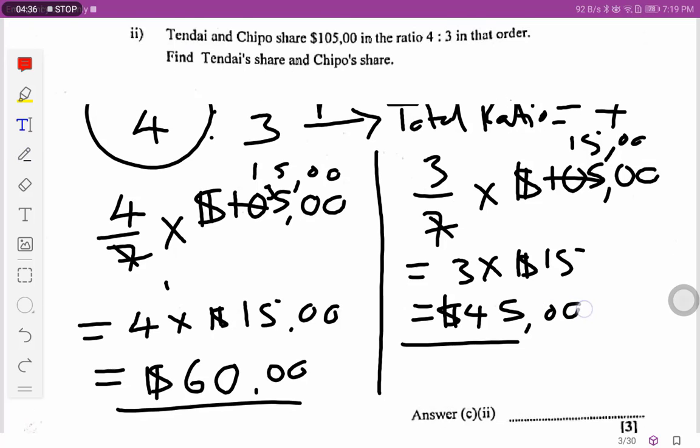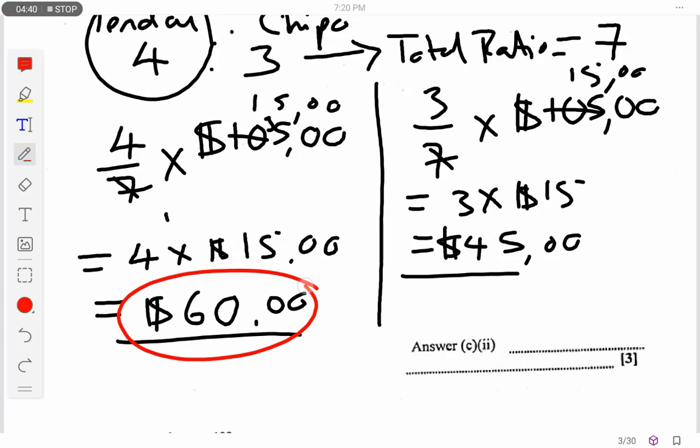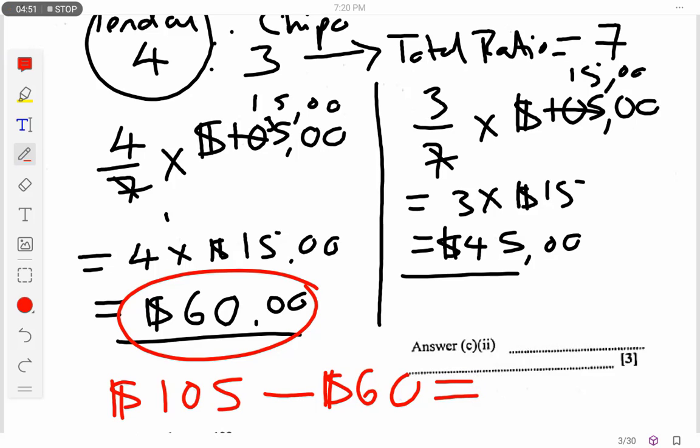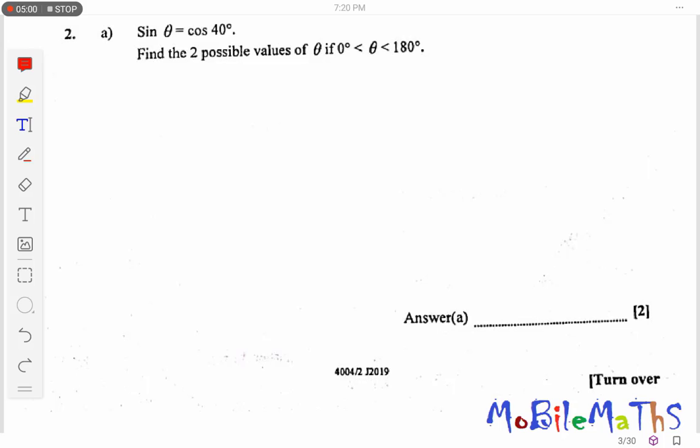Or else, since you now have Tendai's money, which is 60, and the total was 105, you can subtract 60 from that and you automatically get Chipo's share, which is $45. So that's another way of doing it.